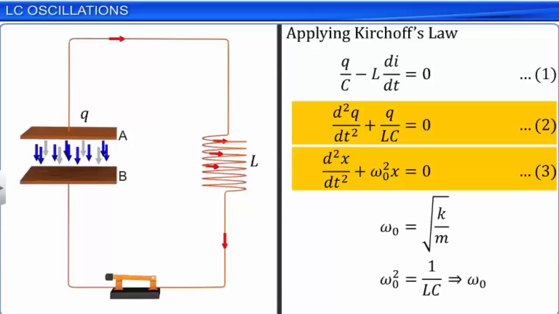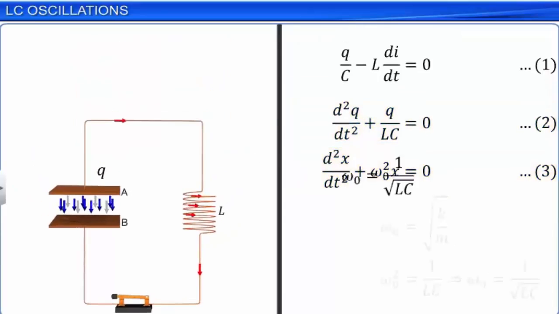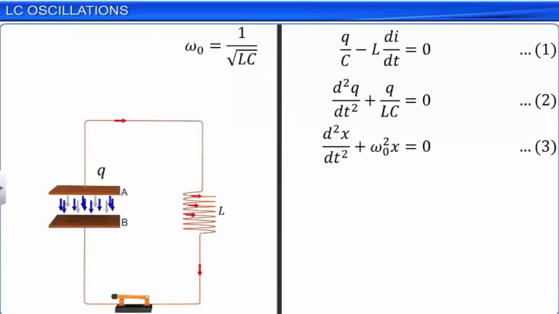We know that in equation 3, the displacement x is expressed as A cos(𝜔0t plus phi), where phi is the phase difference and A is the amplitude of oscillations. Similarly, for equation 2, the charge q can be expressed as q is equal to Qm cos(𝜔0t plus phi), where Qm is the maximum charge on the capacitor.